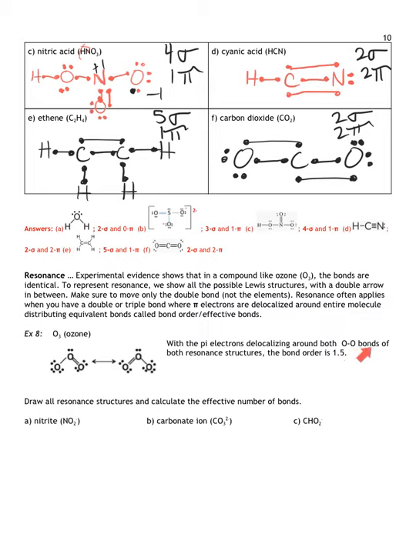Both oxygen-oxygen bonds of both resonance structures allow us to say that this bond right here is equivalent to this bond. So if I try to break this bond, it's actually equivalent to this bond. And that's possible because of resonance, where the pi electrons can move over to the other side. So we can equate these oxygen-oxygen bonds.